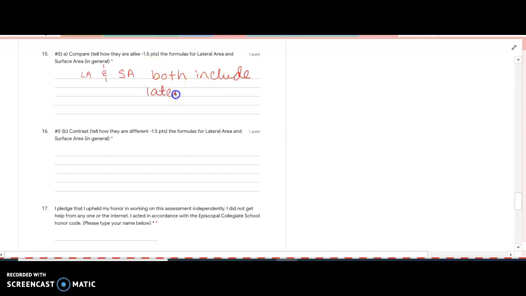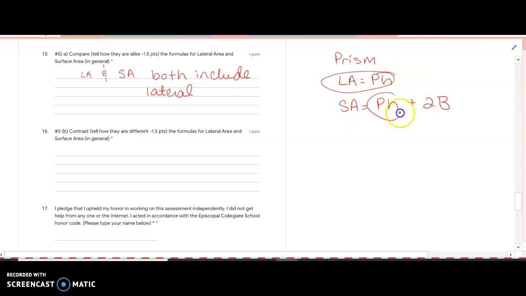So for example, you didn't have to give an example, but I'm going to. For a prism, lateral area is pH. Surface area is pH plus 2b. Both of them have this pH. Both of them have the lateral area, and that's true no matter what the shape is. That's true for prisms, cones, pyramids, cylinders, doesn't matter.